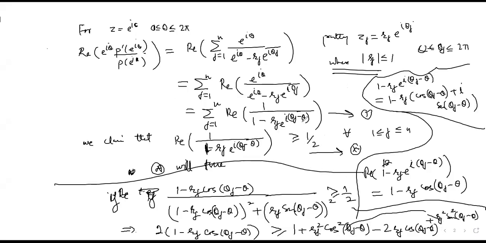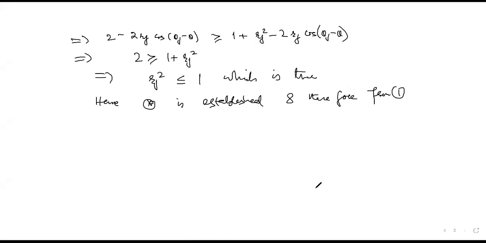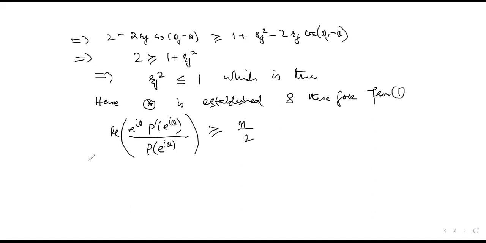So each of these terms is greater than equal to 2, means right hand side is greater than equal to n by 2. Yani I should have real part of e raised power iota theta p dash of e raised power iota theta divided by p of e raised power iota theta, इसका real part is greater than equal to n by 2, right?